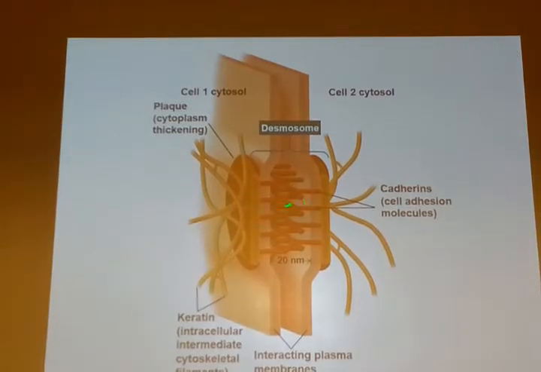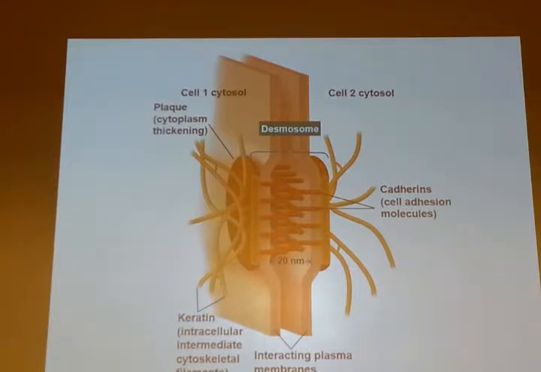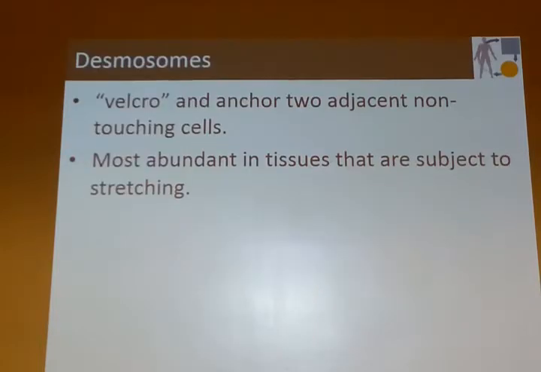The desmosomes, you have these cadherin molecules that are secreted by adjacent cells, and they hook up in the center and don't allow the cells to come apart. On the inside of the cell, the cadherins are attached to intermediate filaments, usually keratin, maybe some other filaments as well.